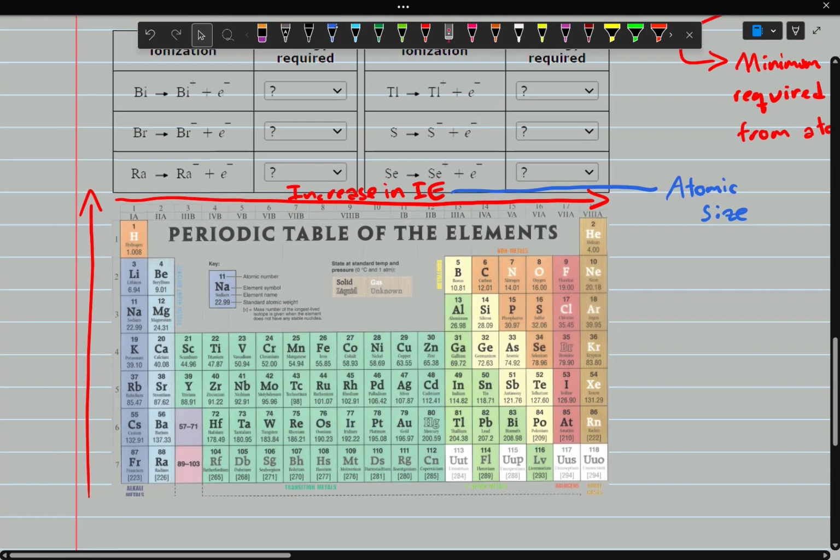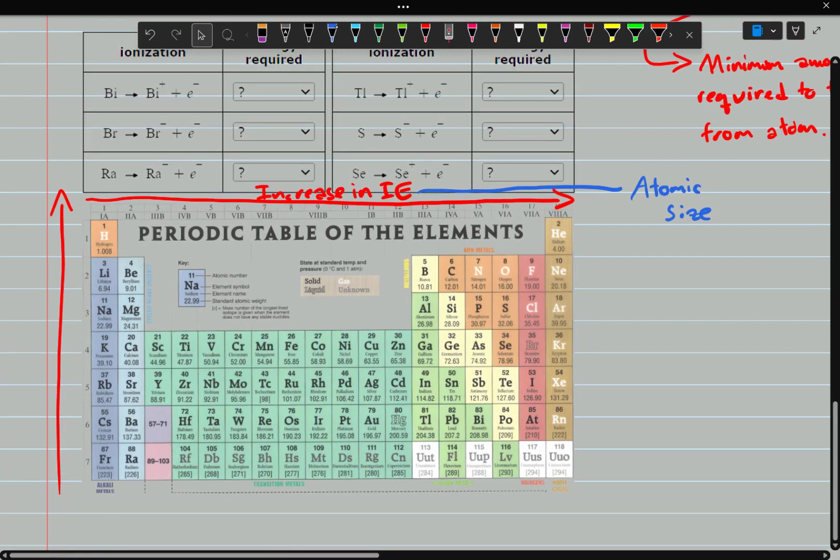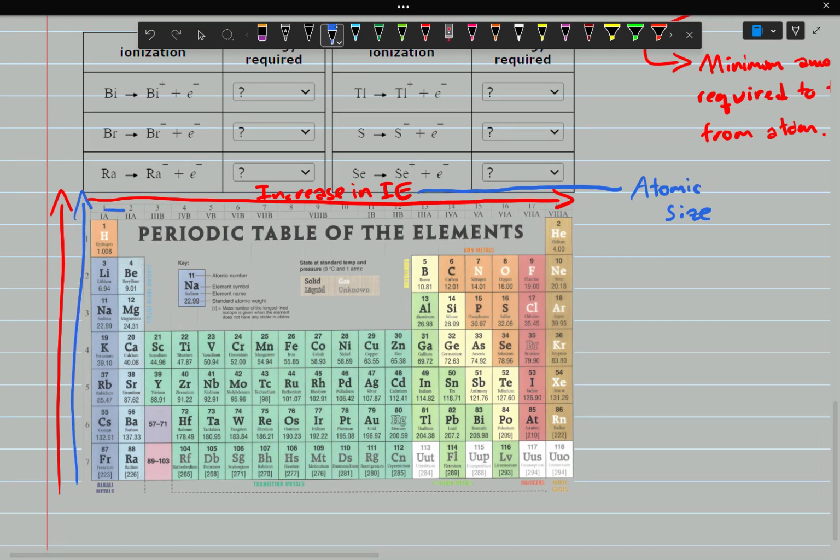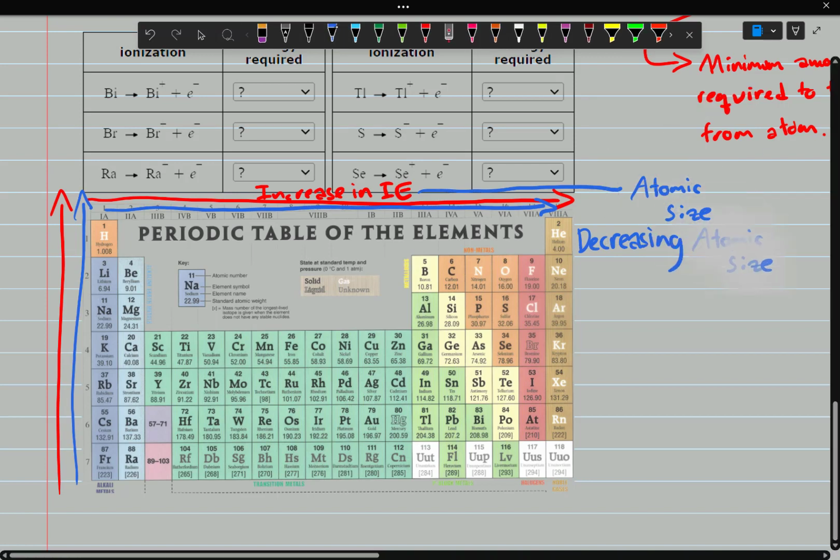As in the last video, we discussed how the same trend corresponds with a decreasing atomic size.